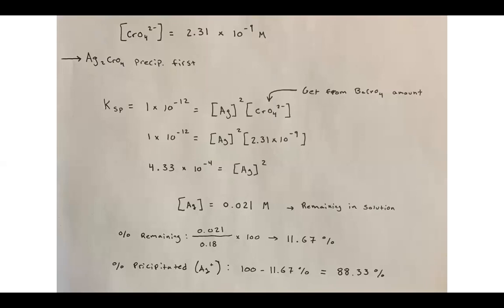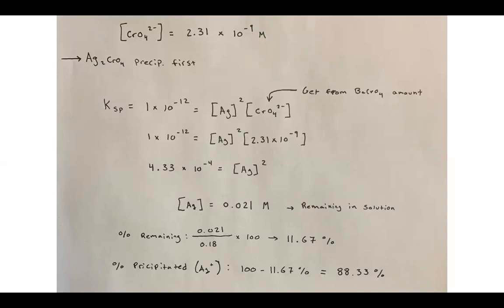Now the second part of the question basically asks how much of my silver, which is that cation that will precipitate first, will have precipitated when my barium chromate starts to precipitate. Because barium chromate is the solid that will start precipitating second or later on.